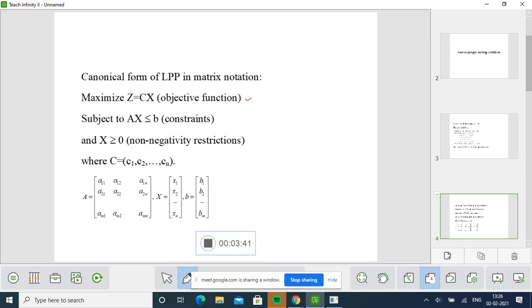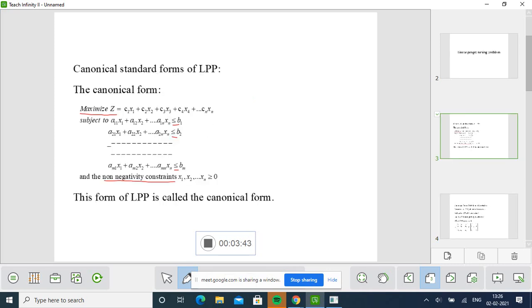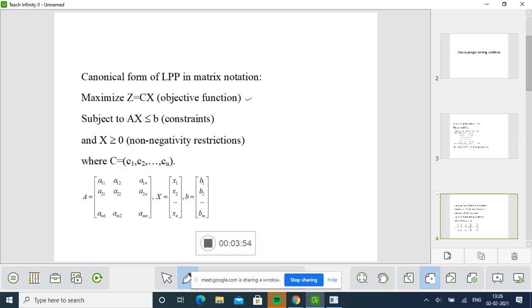In our objective function, we have c1x1, c2x2, etc. cnxn. All these ci's are the costs attached to each of the variables xi. So these also should generally not be negative, though in certain cases they may be negative. So c is also represented as c1, c2, cn, an n-tuple.